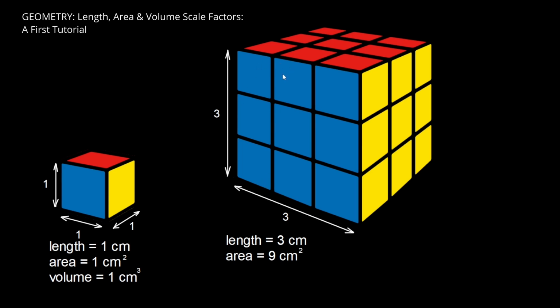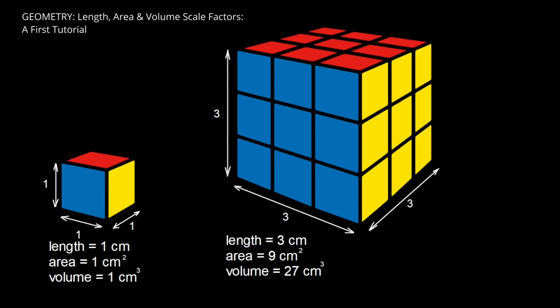So now the blue face will be 9 centimetres squared. Again, you won't be surprised to hear that if I now form the complete cube, the depth of the cube will be again 3 centimetres, and the volume of the whole structure will be 27. It sort of means there are 27 of these single cubes in this whole structure.